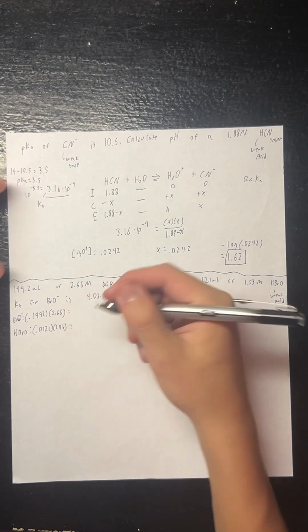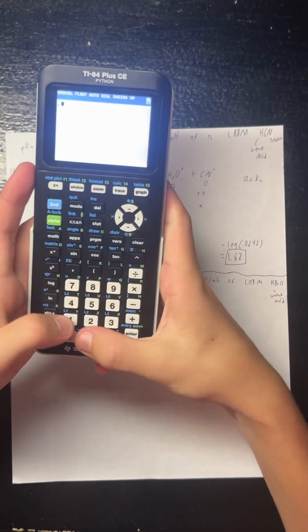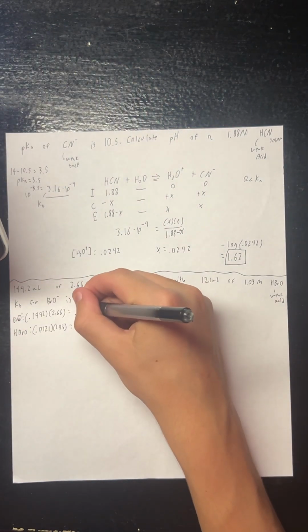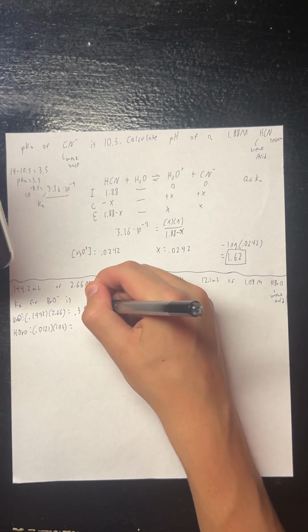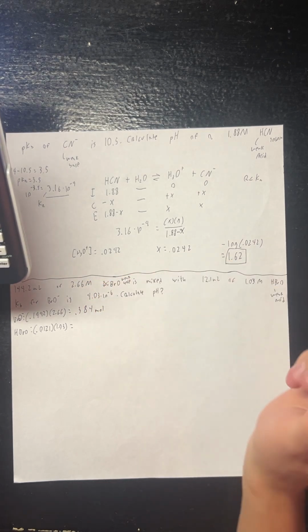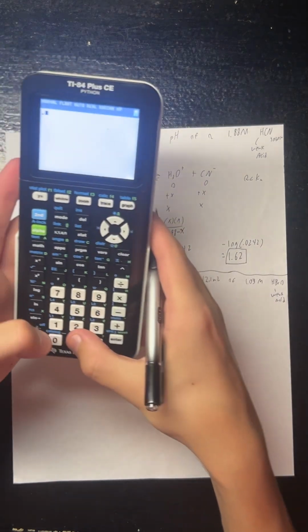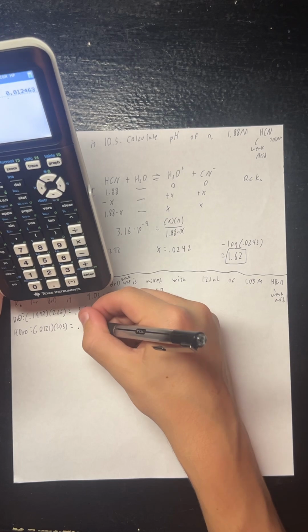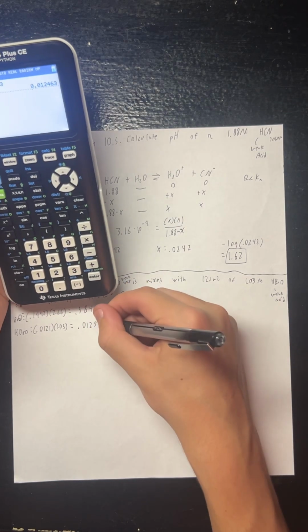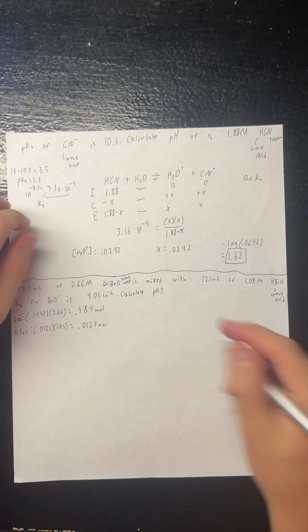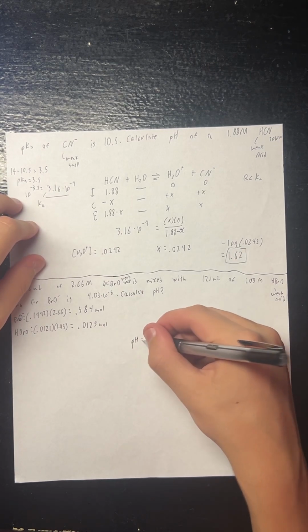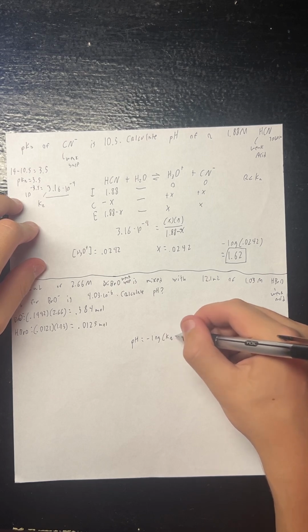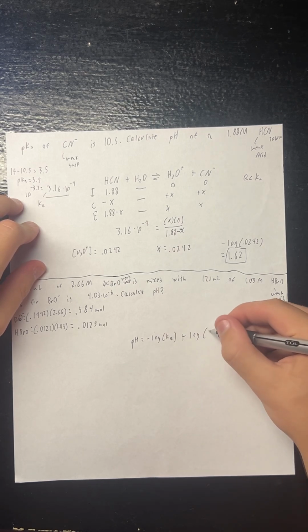So let's find those moles. 0.1442 times 2.66, 0.384 moles, and 0.0121 times 1.03, we get 0.0125 moles.